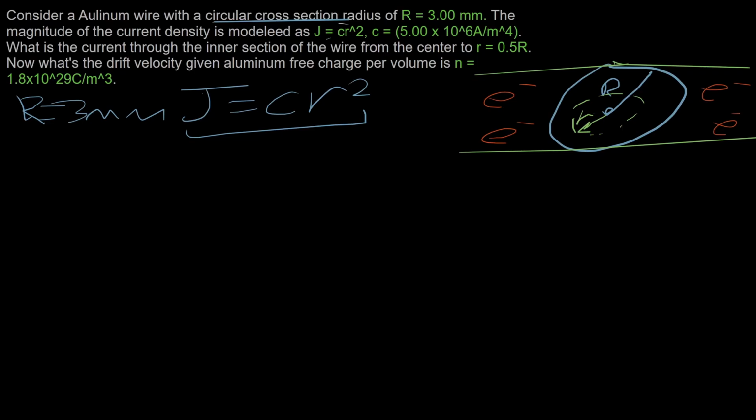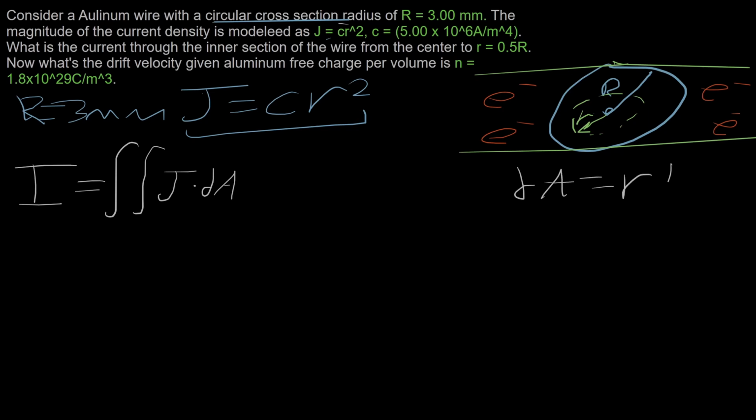We want to go back to our integral, because if we recall, we can get our current from a varying current density if we take the integral of our current density dotted with our area element dA. Note that we're integrating over a circle, so we're going to use polar coordinates, where dA equals r dr d theta.